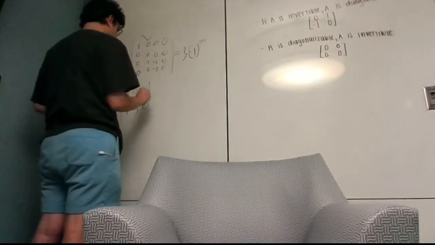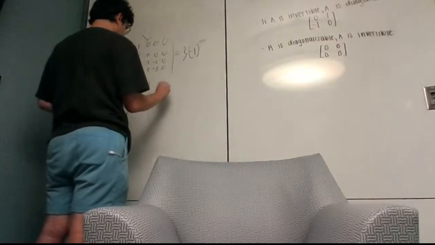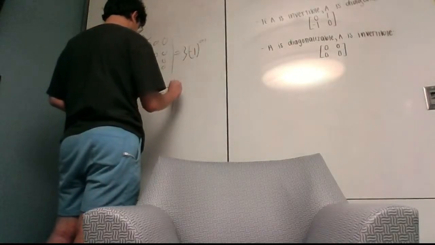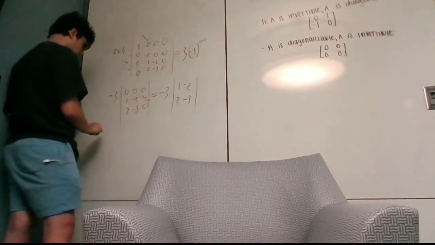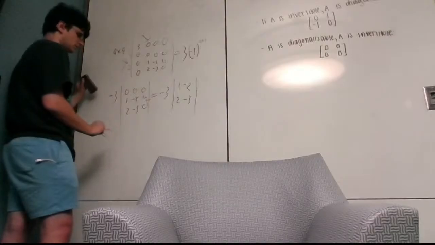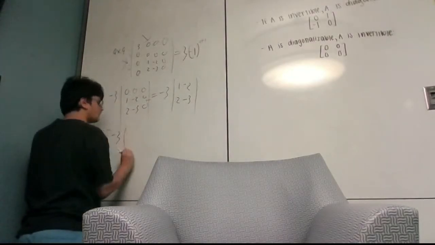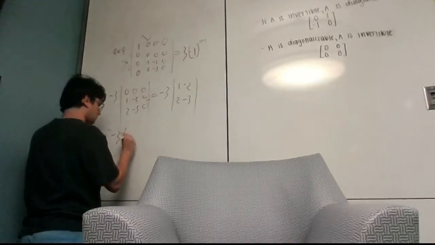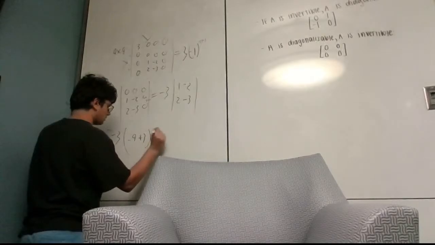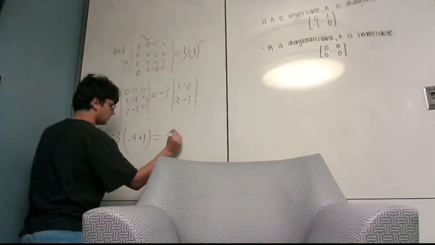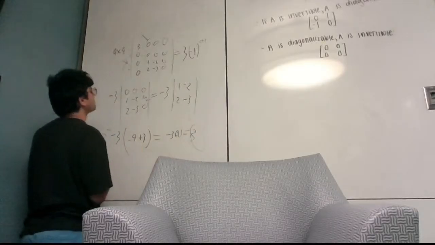It really doesn't matter because we're going to get 0 either way. That just becomes minus 3, 1 minus 2, 2 minus 3. Now take the determinant of that. If I do this correctly, it's minus 3, negative 4, plus 3, so that becomes negative 3, which becomes 3. That's the determinant, I think.